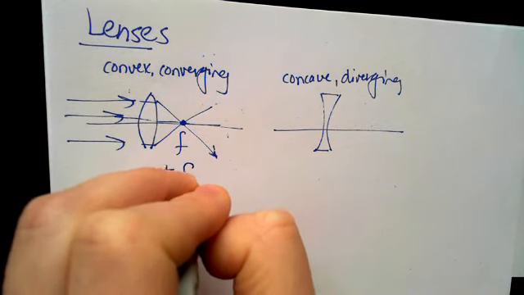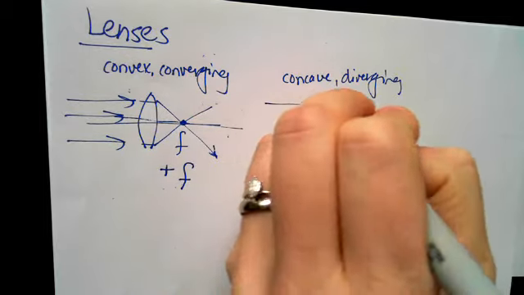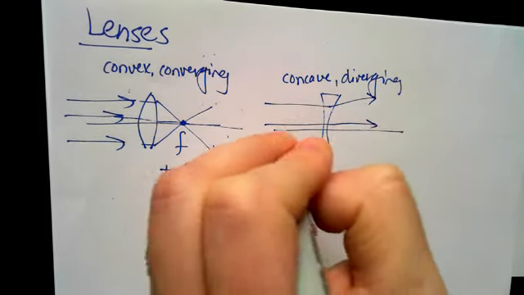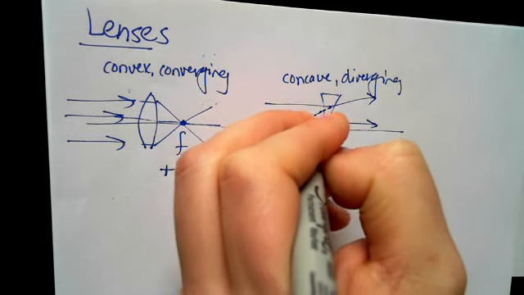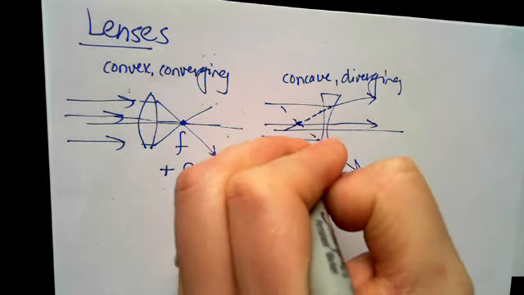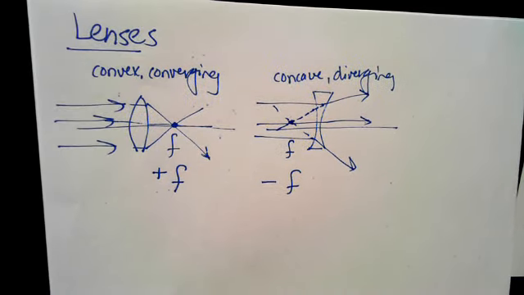Versus a diverging lens: when light comes in, the rays get scattered out, and if you trace them back, you end up with a focal point on the left side, which always has a negative value.